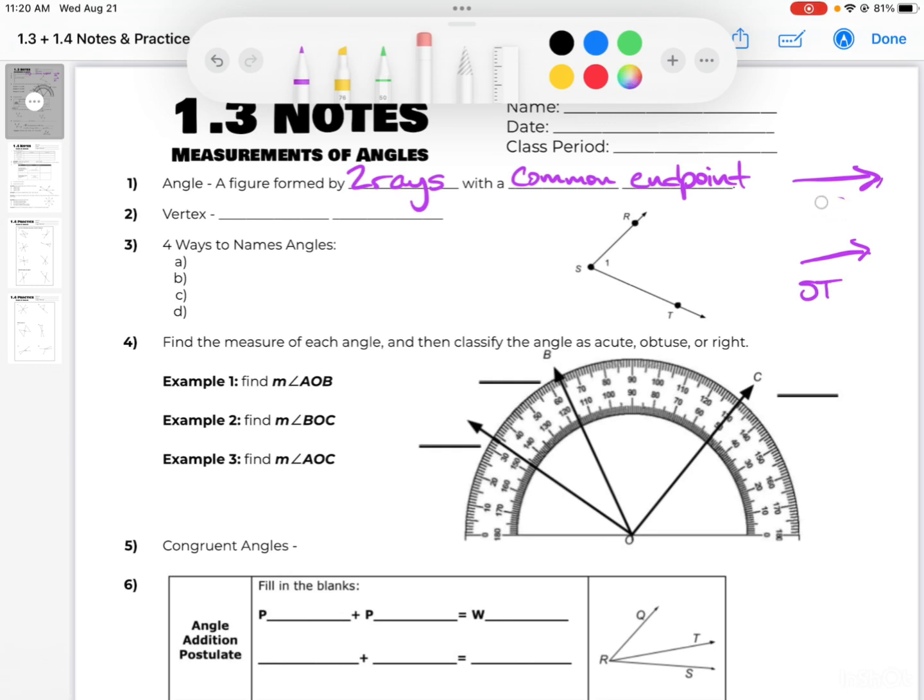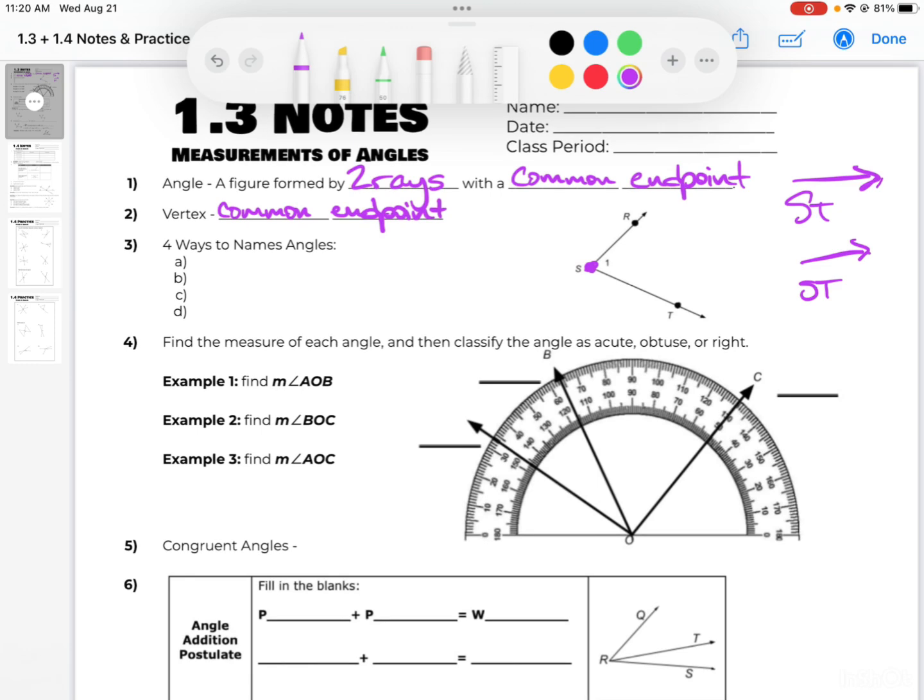It should be ray SR and ST. But these 2 rays together share this point S. That's their common endpoint. That's also what we would call a vertex. Vertex is the common endpoint.